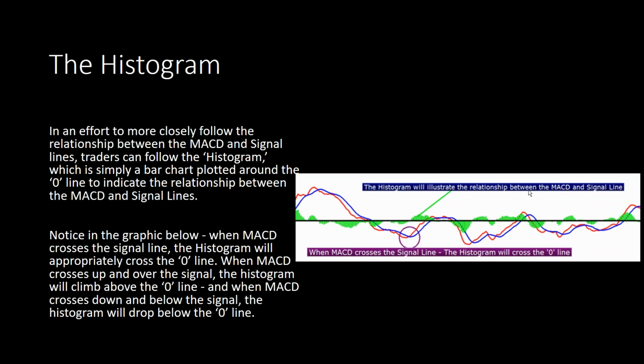The histogram will illustrate the relationship between the MACD and the signal line. So when MACD crosses up and over the signal line, the histogram will climb above zero. And when MACD crosses below the signal line, the histogram will dip below zero. So eventually, you simply look at the histogram.